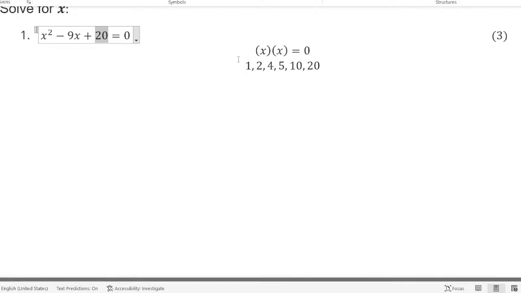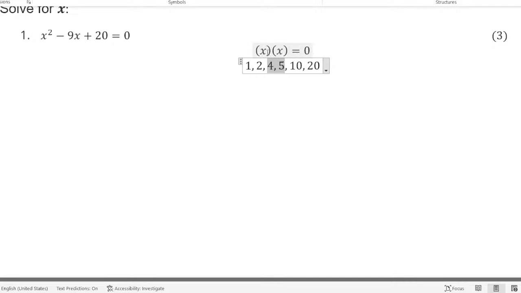So remember, 1 goes with 20. If we add 1 plus 20 it will give us 21, so we'll cancel these two. We won't use them. 2 goes with 10, so 2 plus 10 will give us 12. Then we're left with 4 plus 5, which will give us 9. So the factors that we'll use are 4 and 5.